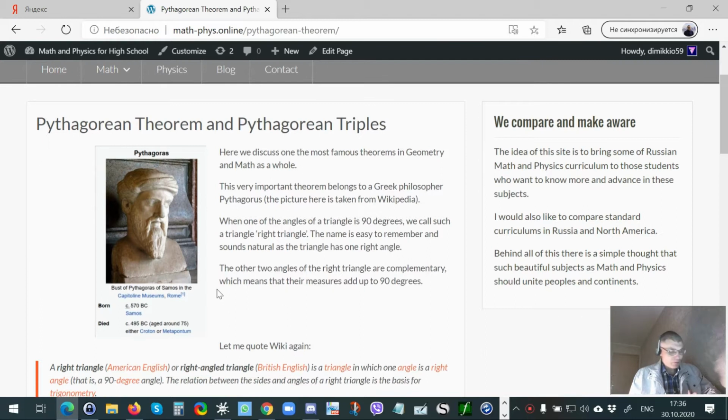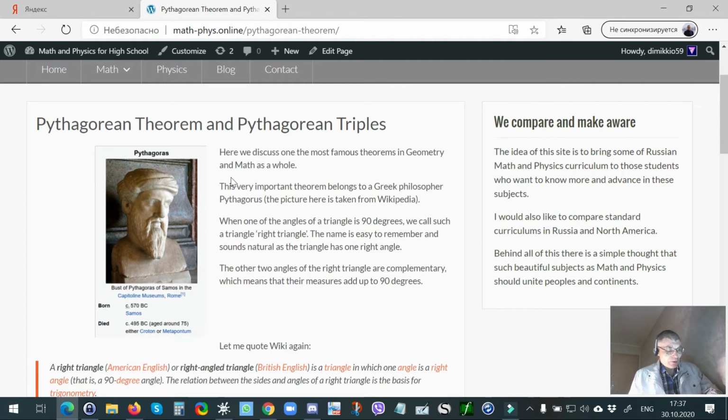But first of all, let's look at Pythagoras. We don't have a photo, of course, but we can see his face from his bust in a museum in Rome, on Capitoline Hill.